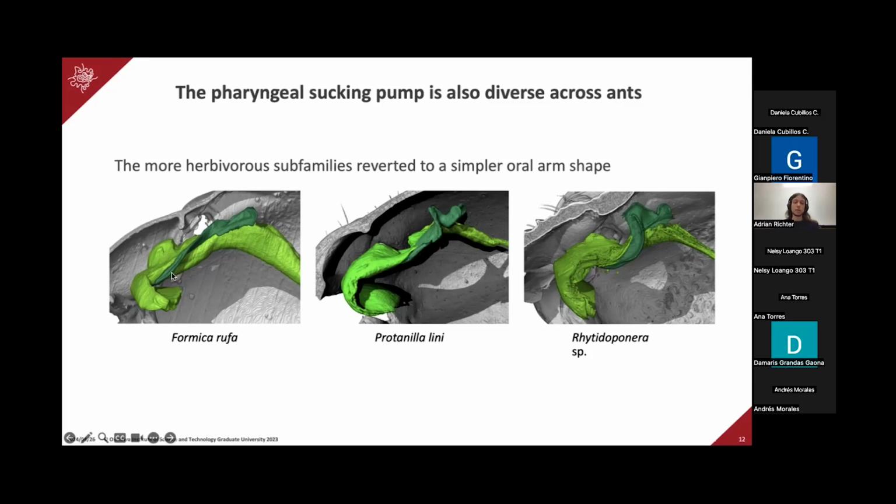So if you look at the oral arm here, it's more of this straight bar again. These dorsal expansions are much smaller, and the posterior processes are also not as sidewards directed.